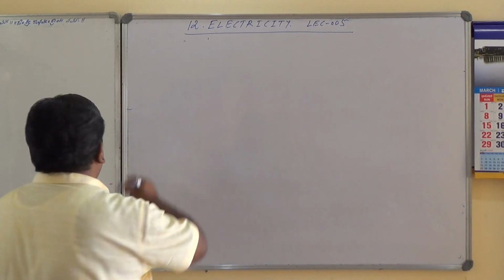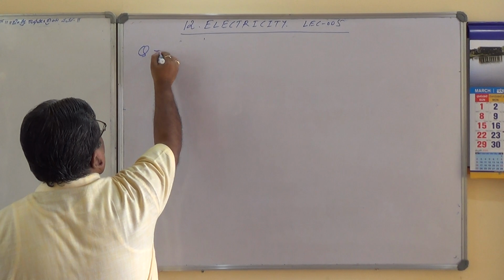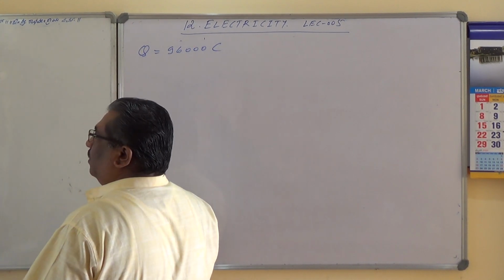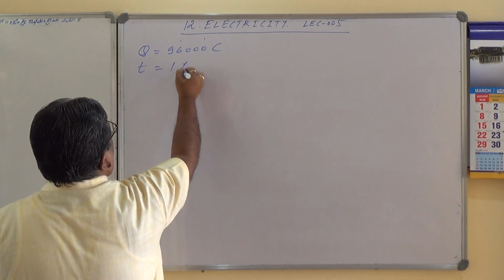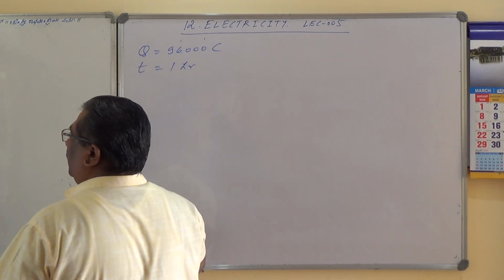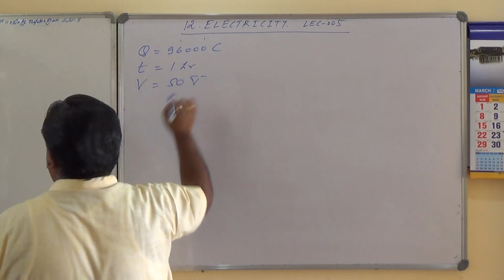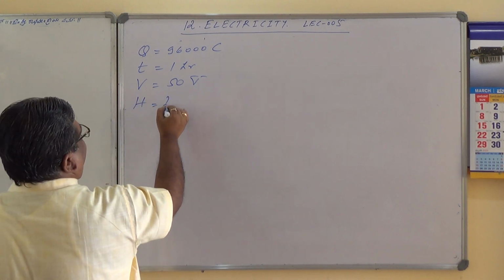Let us see the given information. 96,000 coulomb Q, and in 1 hour, time equals 1 hour, potential difference, voltage 50 volts. What is the question asked? Heat generated. H equals question mark.